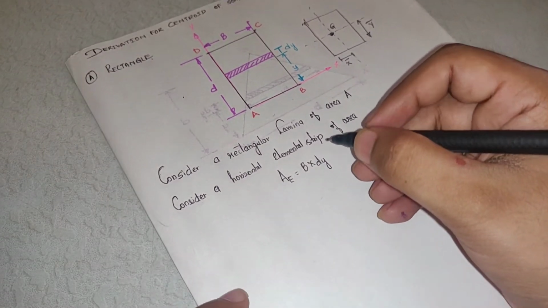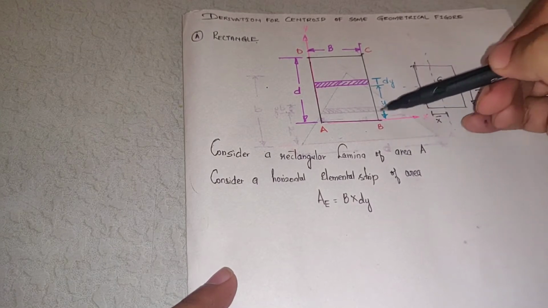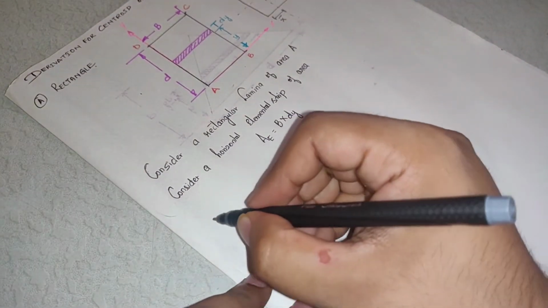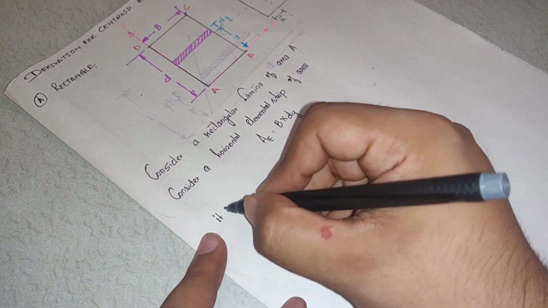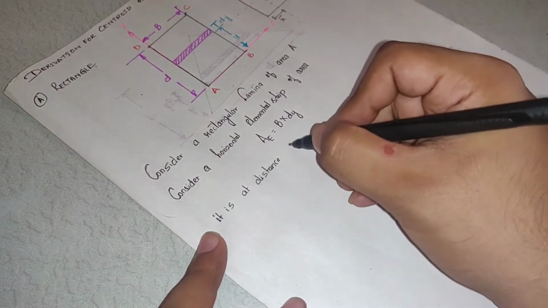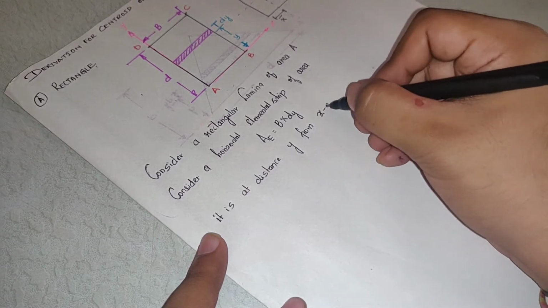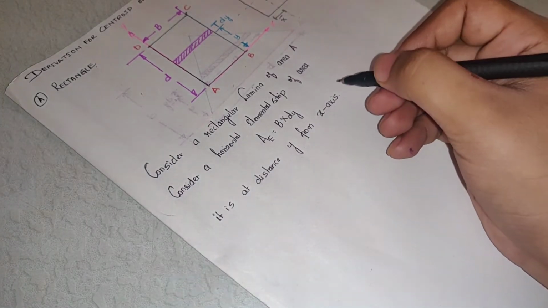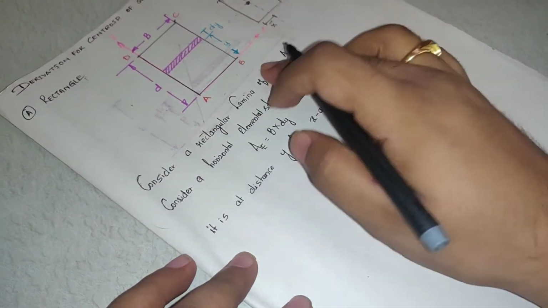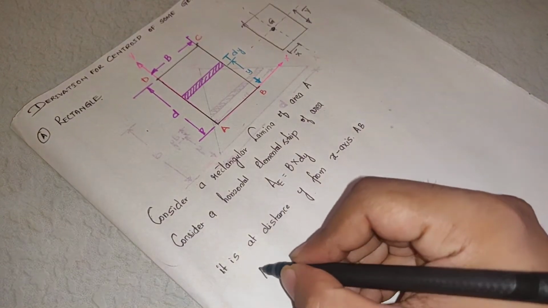Now what is the distance of this elemental strip from this axis? It is at distance y from the x-axis. That x-axis I'll call AB. Now, what is the area of the rectangle?